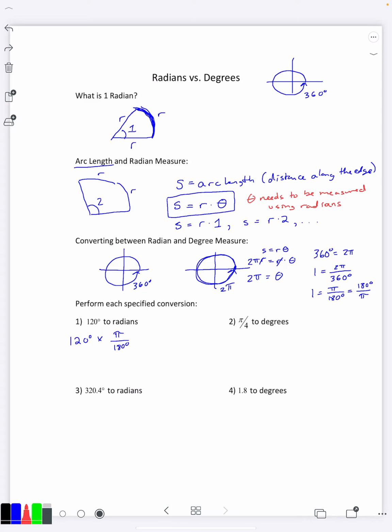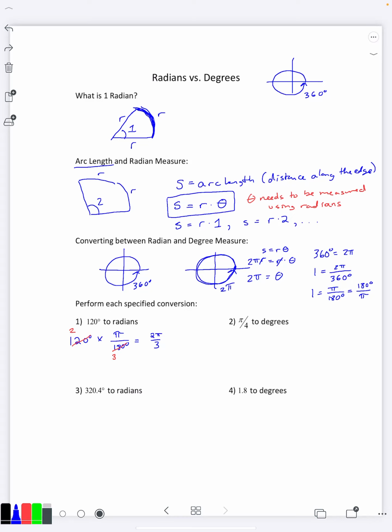Then I will reduce this fraction. 60 goes into 120 2 times, 60 goes into 180 3 times, and the end result is going to be 2 pi over 3. So that means 120 degrees is the same as 2 pi over 3 radians.